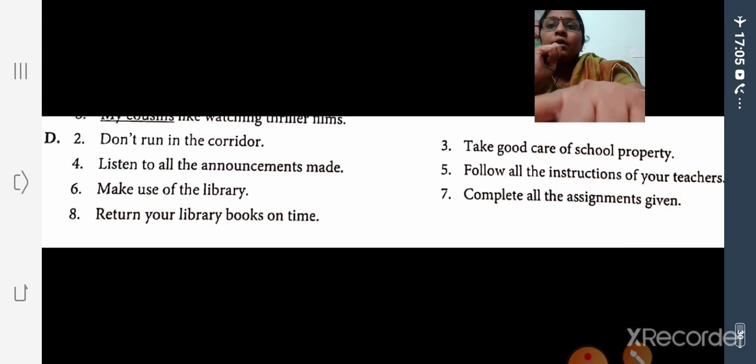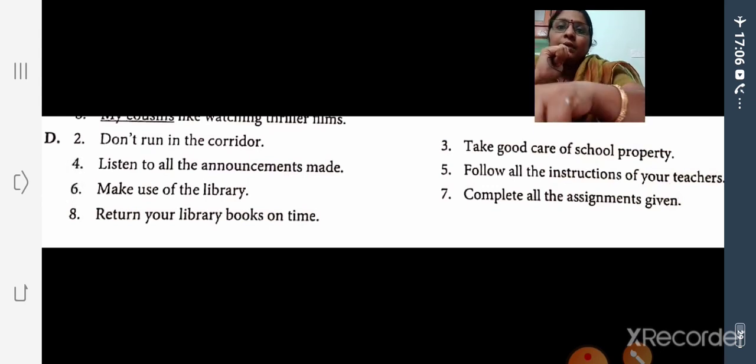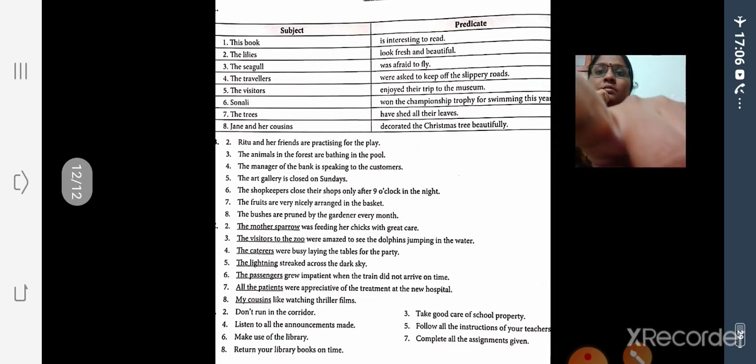Listen to all the announcements made. Make use of the library. Return your library books on time. Take good care of school property. Follow all the instructions of your teachers. Complete all the assignments given. Construct your own sentences. You can use this answer key for help. I have given all the answers here.